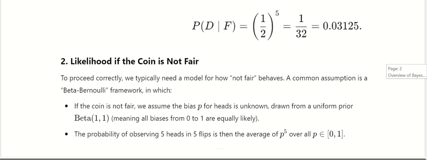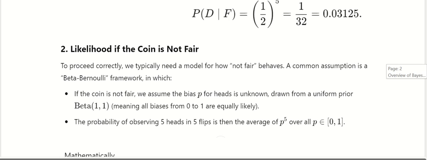Now the likelihood if the coin is not fair, and here comes the problem: if it's not fair, we don't know exactly what the probability is. So to proceed correctly, we typically need a model for how not fair behaves. A common assumption is the beta-Bernoulli framework, in which, if the coin is not fair, we assume the bias p for heads is unknown, drawn from a uniform prior, meaning all biases from 0 to 1 are equally likely.